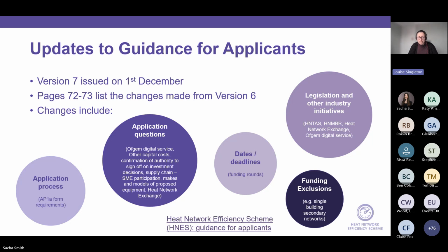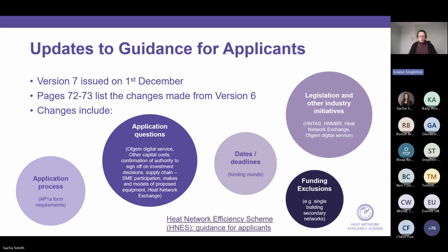Key things to pick out from here. So for example, in terms of funding exclusions, looking at secondary network only applications, we cannot accept applications where the secondary network is just a single building with only one customer or one user of the heat, because ultimately, if you were just to look at that building in and of itself, it's not a heat network, it's just a building.